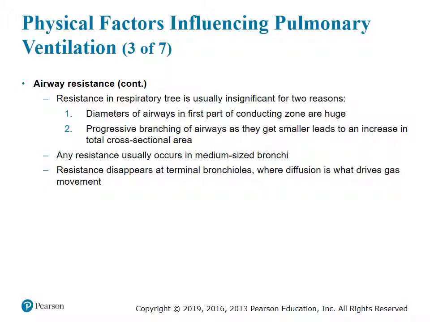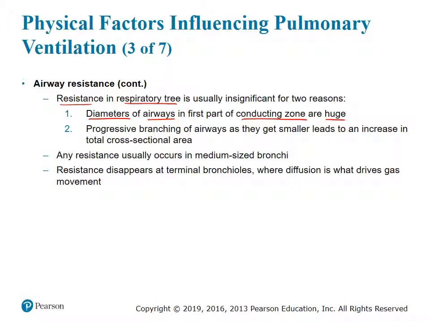Okay, so we see resistance, for example, again, our respiratory tree is our friend. It's beneficial, but it can also be a means of resistance, right? When we look at the diameter of the airway in the conducting zone, it's usually quite big, right?